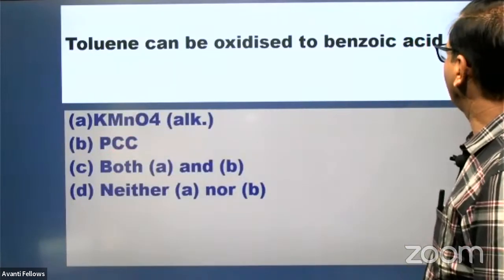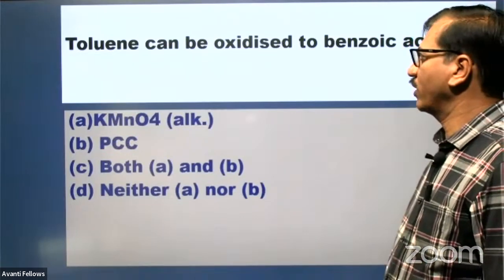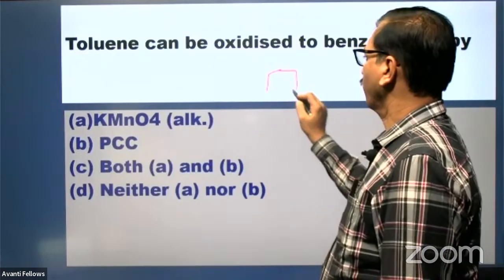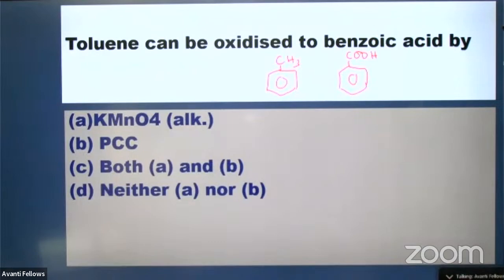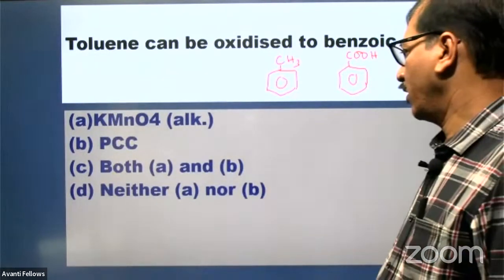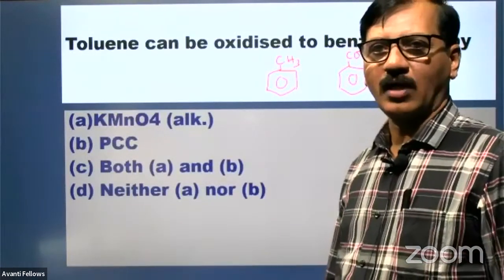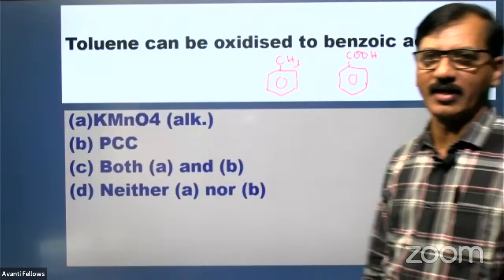Toluene can be oxidized to benzoic acid by PCC, both A and B, or neither A nor B. Option A. This is the preparation of carboxylic acid.